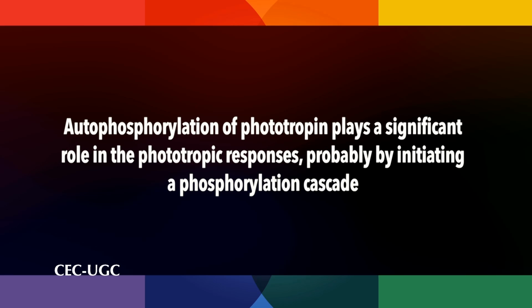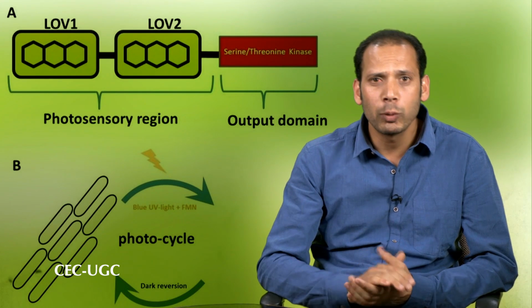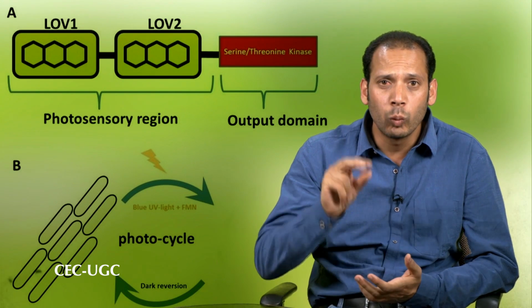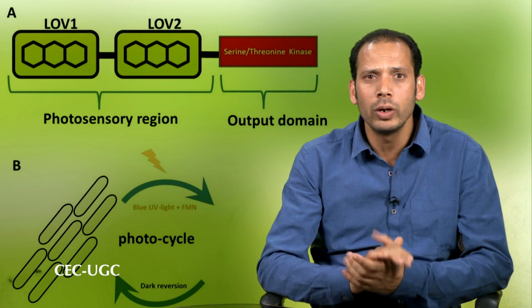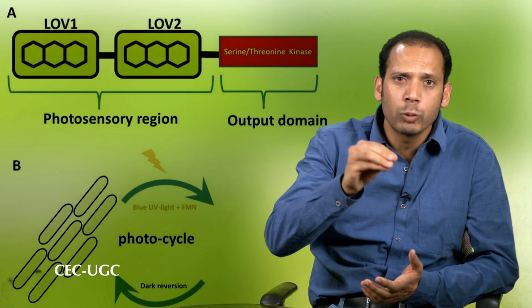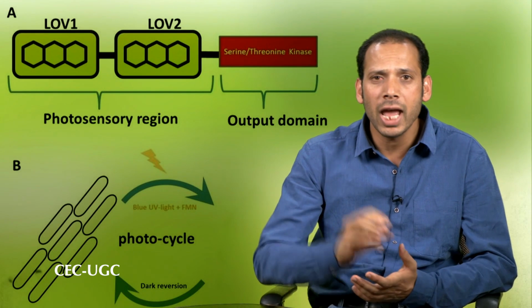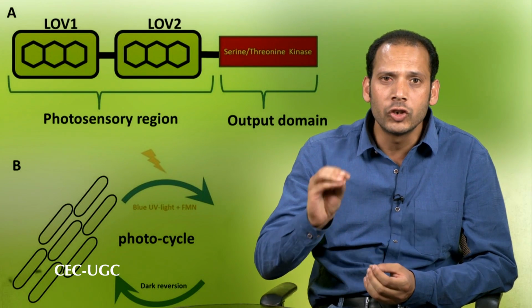Autophosphorylation of phototropin plays a significant role in the phototropic responses, probably by initiating a phosphorylation cascade. Studies employing mutants of the Phot1 gene have shown that the protein is apparently folded in such a way that the phosphorylation site is blocked by LOV domain 2 in the dark.